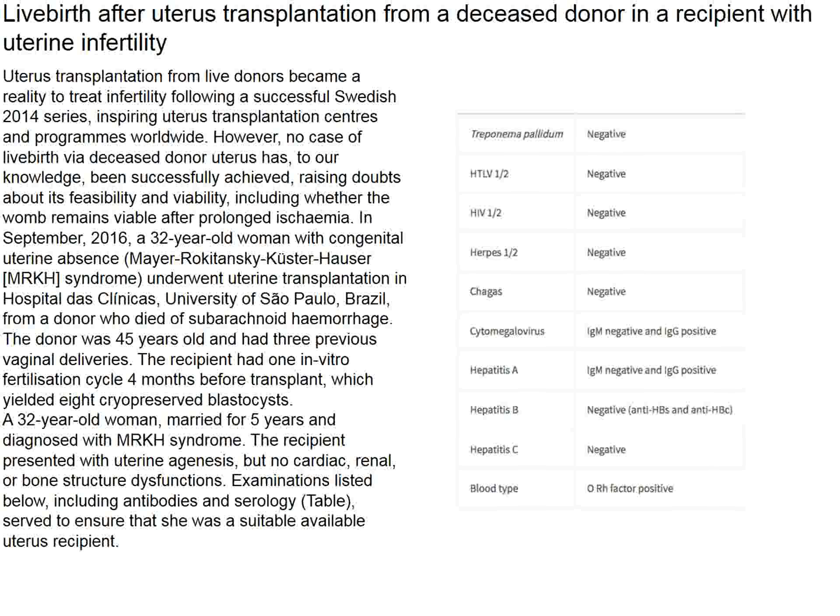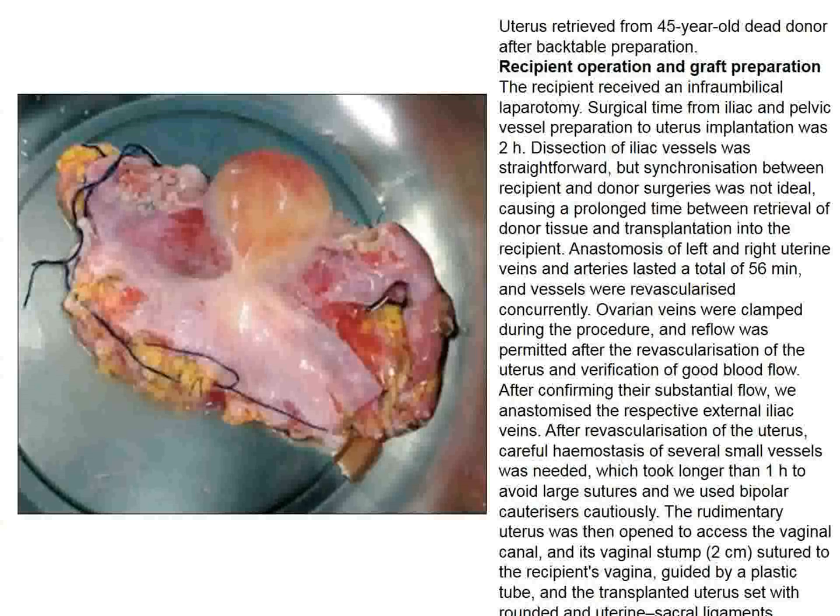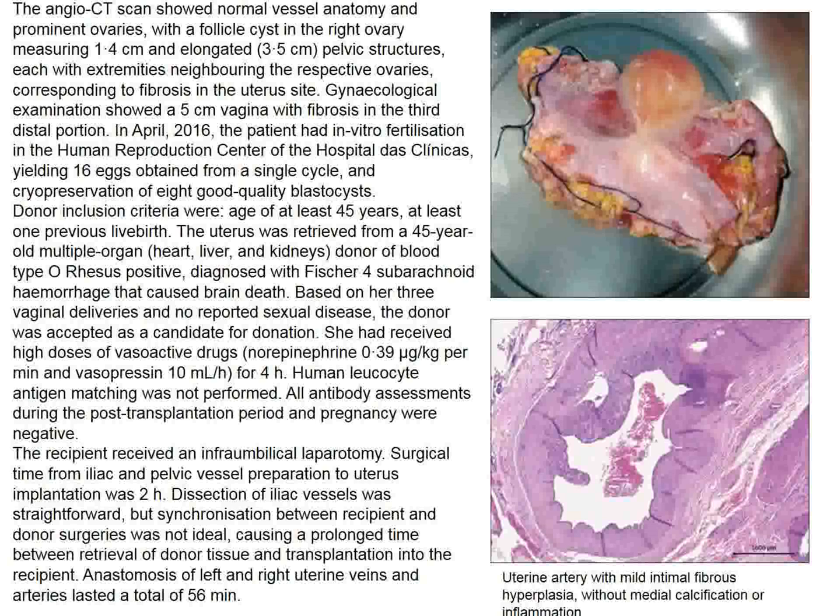This woman had had several successful pregnancies, and her uterus was placed at the disposal of a woman with Mayer-Rokitansky-Küster-Hauser syndrome. Please memorize that. And here's the uterus. They extirpated it.